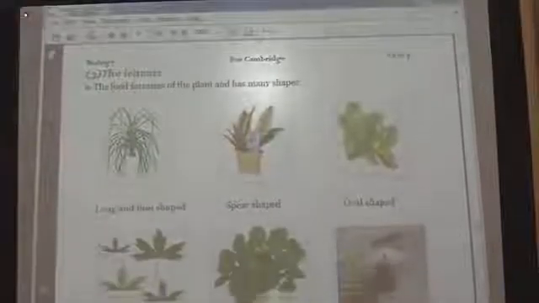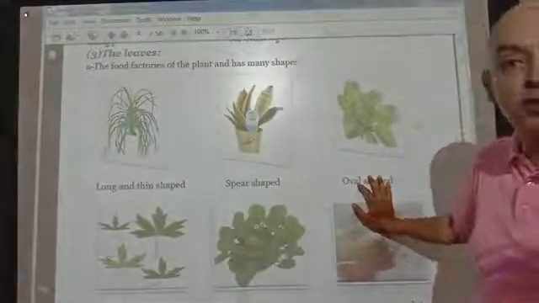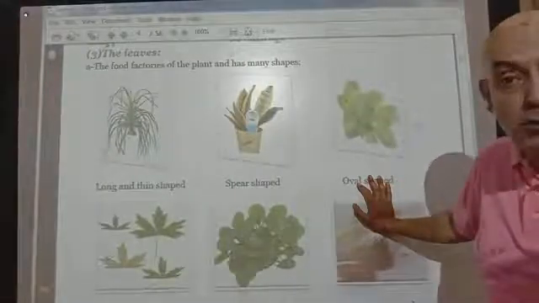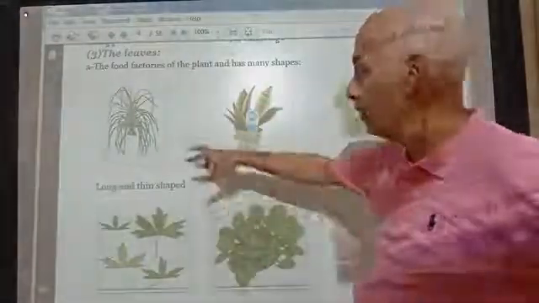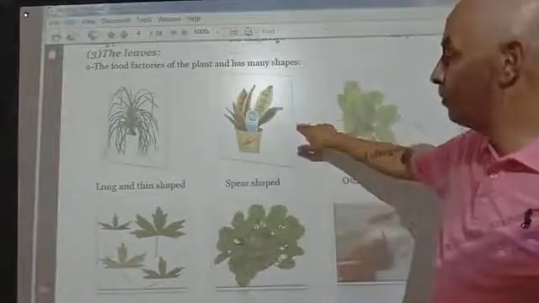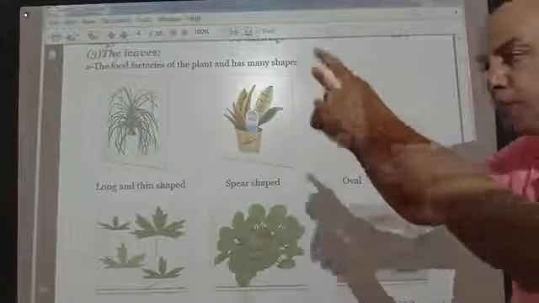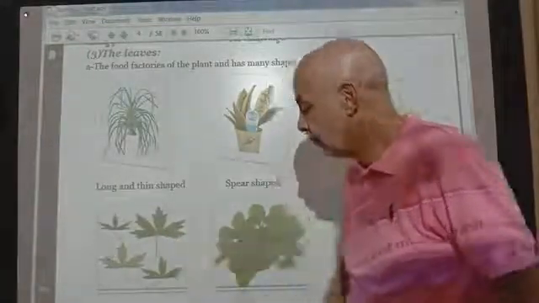What about the leaves? Also the leaves of the plants take different shapes. They don't look like each other. Some of the leaves of the plants are long and thin, like this one. Some of them take the spear shape, some of them take the oval shape, and some of them are divided into lobes, 1, 2, 3 lobes.